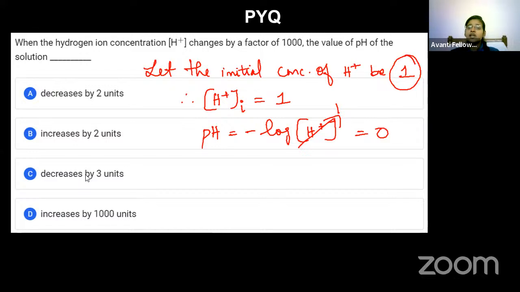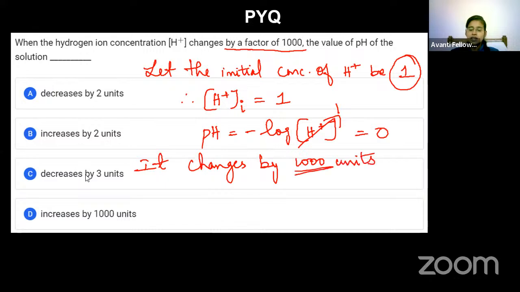Now I'm changing the concentration of H plus by a factor of 1000 according to the question. So now it changes by 1000 units. 1000 means it is 10 to the power 3, right?